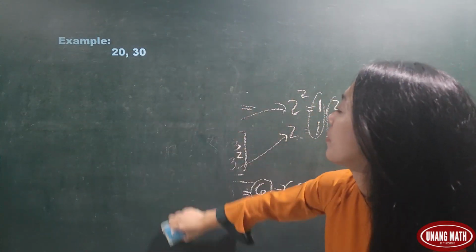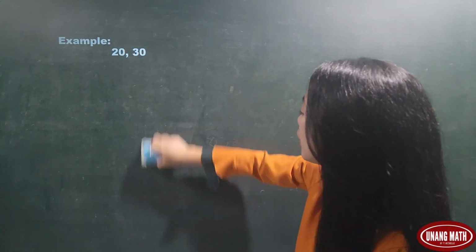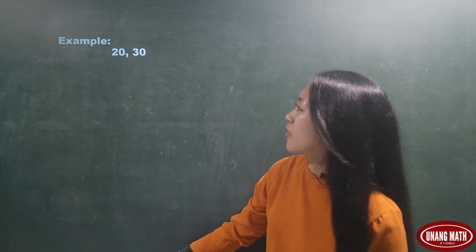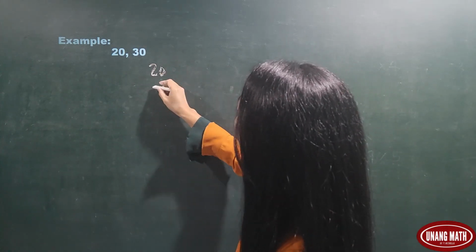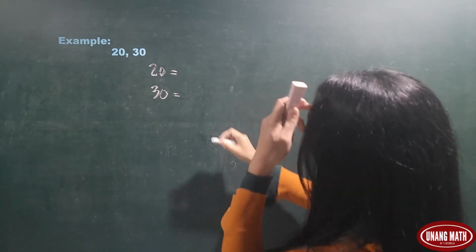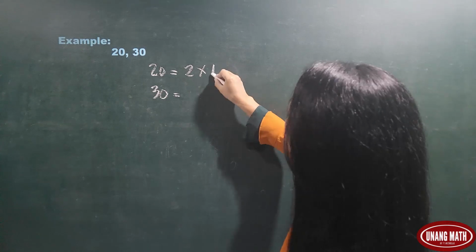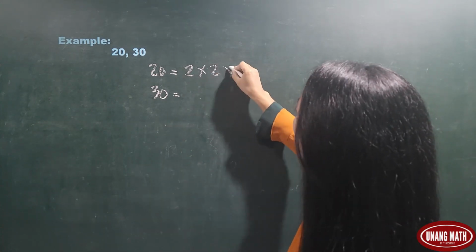This time, let's find the GCF of 20 and 30 using prime factorization. First, we need to find 20 and 30's prime factorization. 20 is equal to 2 times 10, and 10 is equal to 2 times 5.